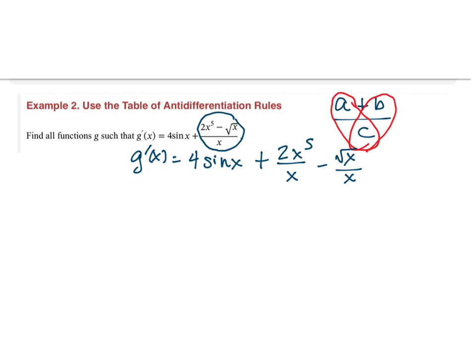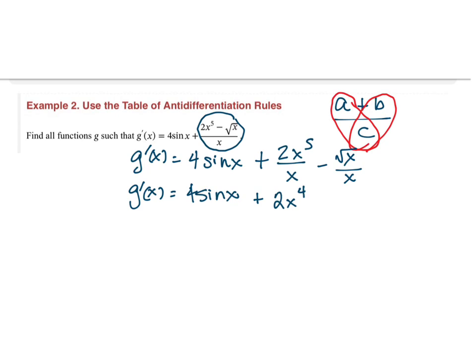Each piece of the top can be split, and you can divide both by the bottom, which lets us simplify even further. So the 4 sine x is still 4 sine x. But the 2x to the 5th divided by x can now be written as what? 2x to the 4th. You see how that's nice?